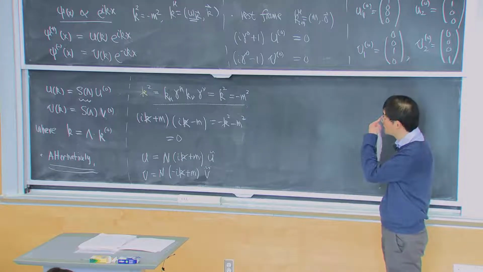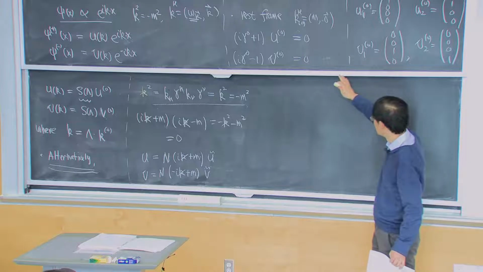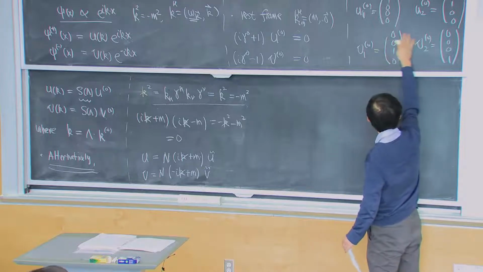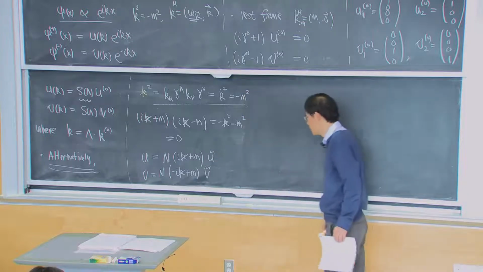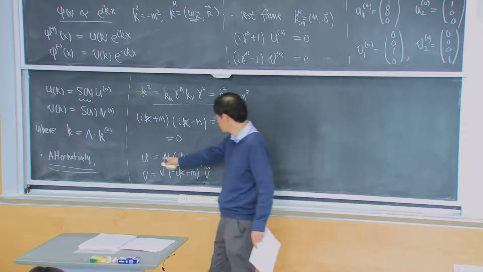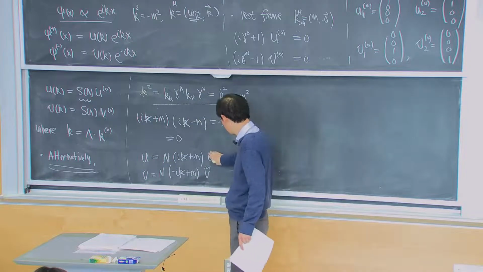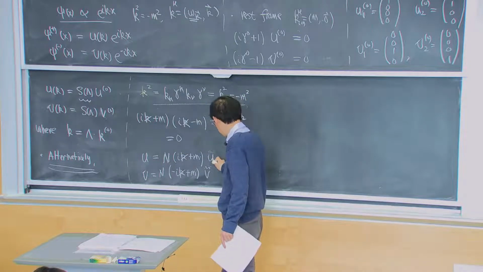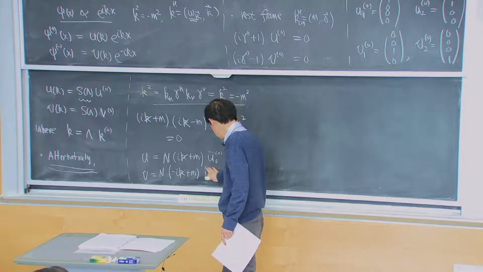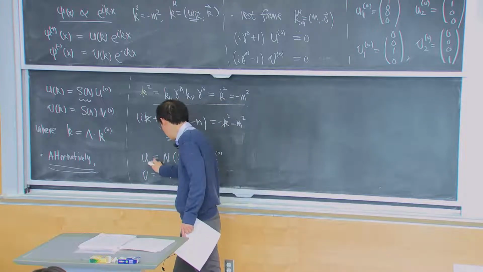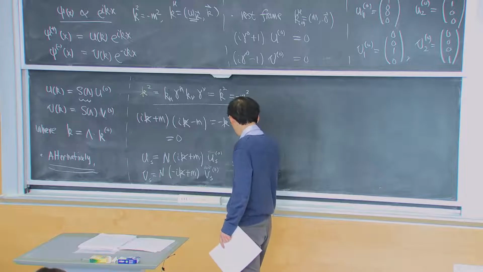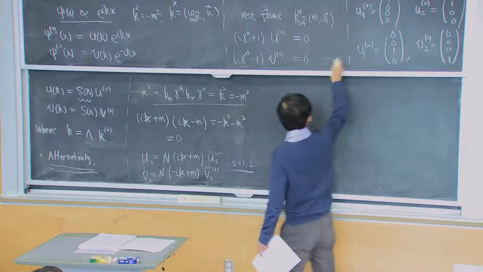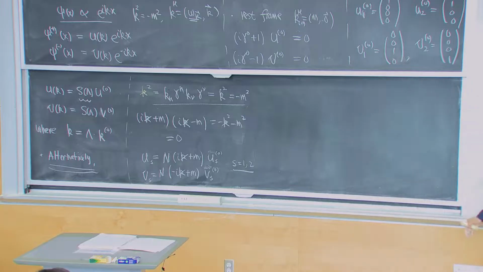Now we know there are only two independent solutions for both u and v. So we can choose a basis for u by taking u-tilde to be u_s(0), and this would be a complete basis of solutions. So s goes 1 to 2, because for each of them we have two independent solutions.